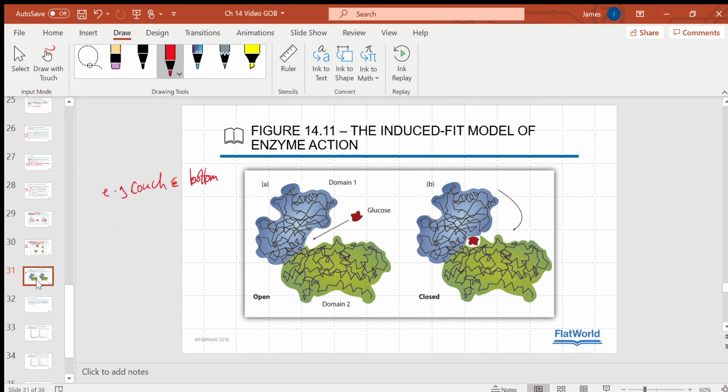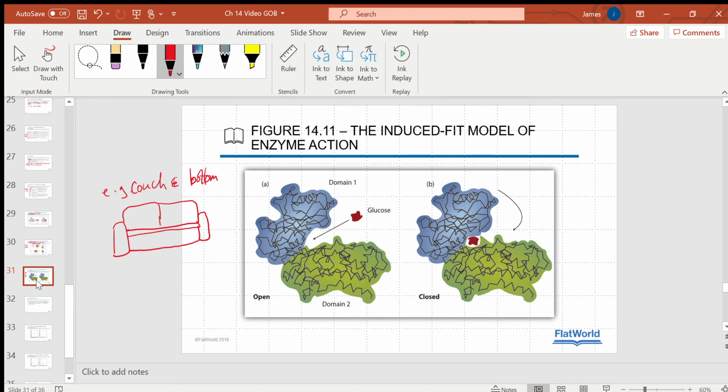So let's say your favorite couch or sofa. I don't know if couch translates that well, but here's your sofa. There's the cushions. It's a pretty good sofa.